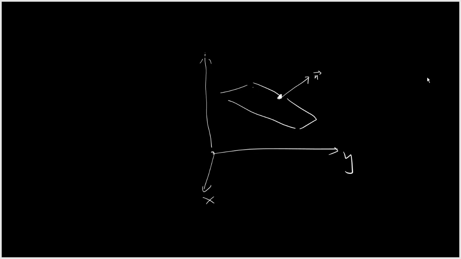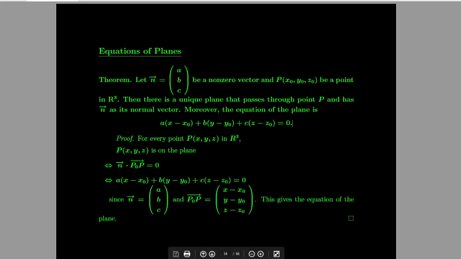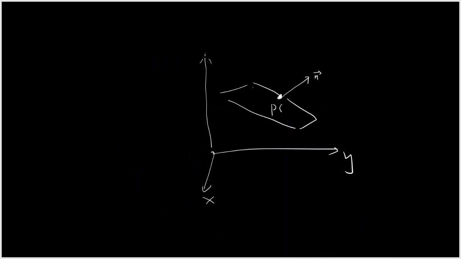I give you a point, and let's say the x coordinate is x0, y0, z0. And a vector in space has three components.